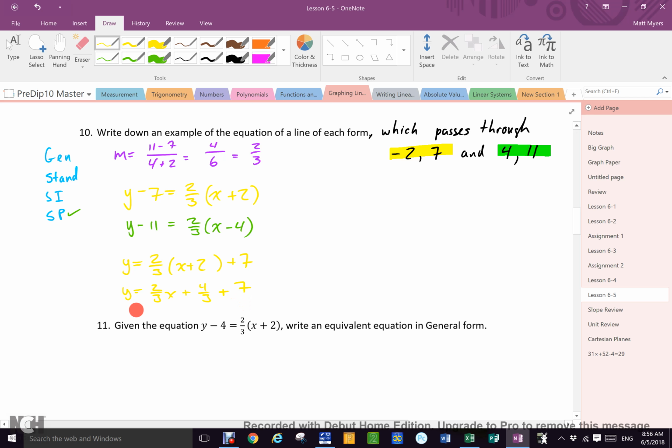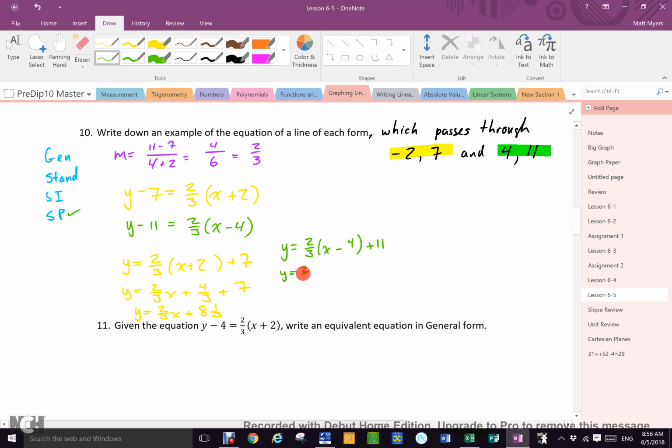8 and 1/3. So this is y equals 2/3 x plus 8 and 1/3, correct? What if I did the green version? Then it would be y equals 2/3 x minus 4 plus 11, correct?